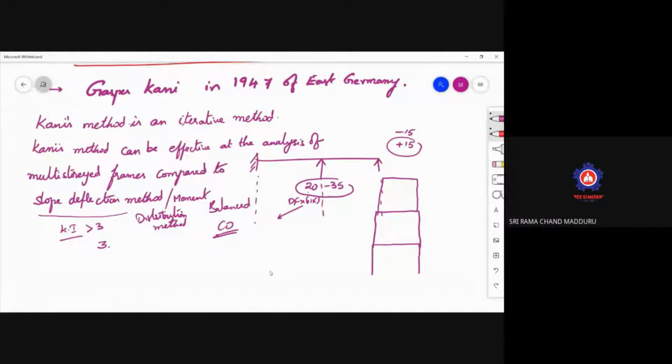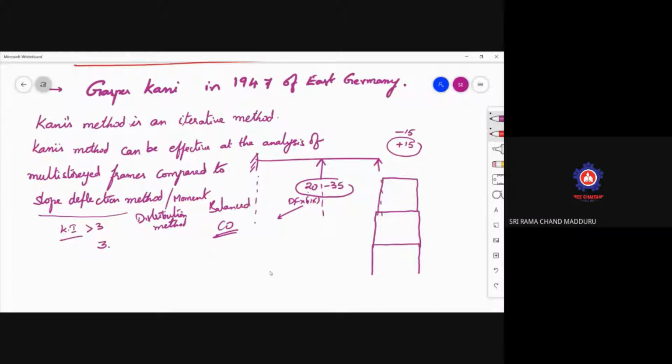With the help of finite element analysis, they analyzed easily within a fraction of a second. So the use of Kani's method slowly vanished. Its charm started diminishing.